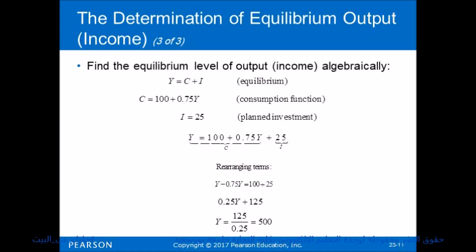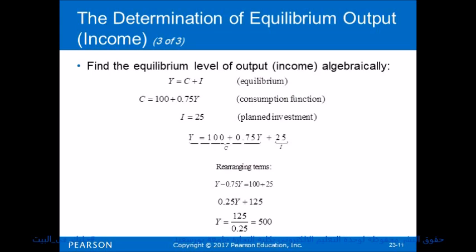100 plus 25. Continuing, you will find that subtracting 0.75y from y gives us 0.25y, and the right side is 125, which is the sum of 100 and 25. Finally, we can solve this equation for y.